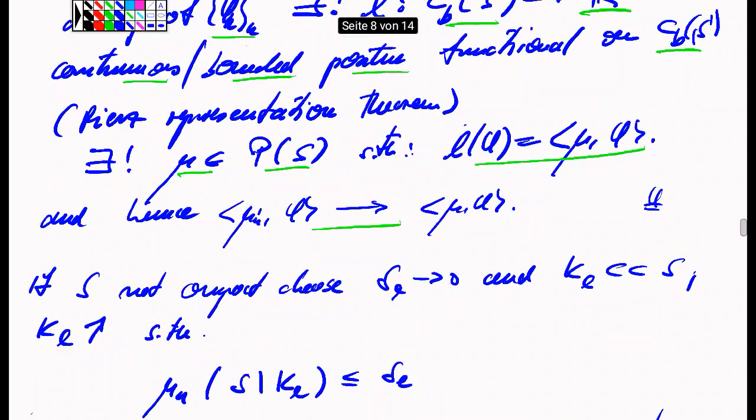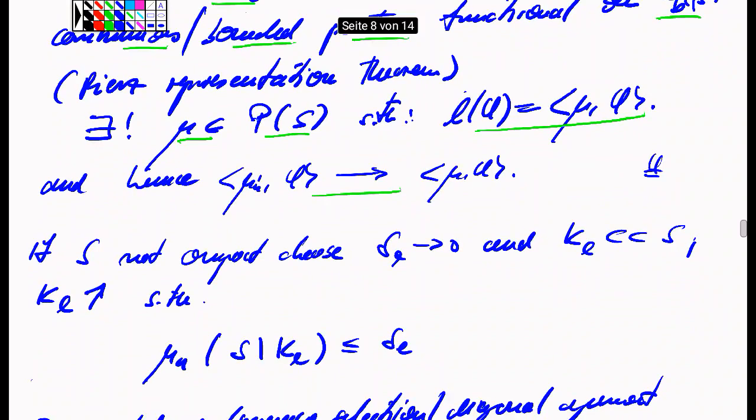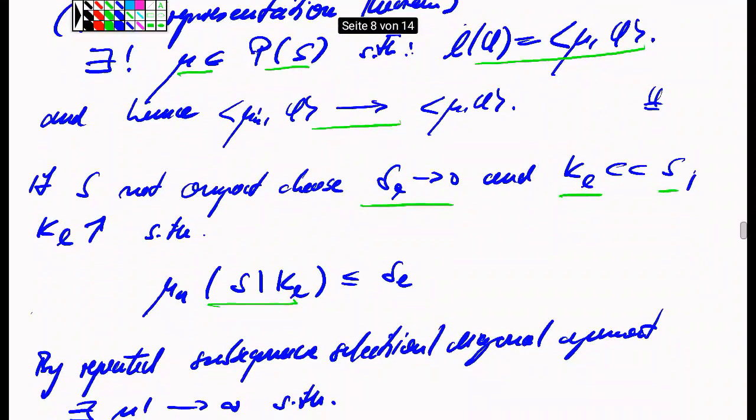Okay, if S is not a compact set, then we now will invoke the Prokhorov condition, which is our departing point, which tells us that for all positive tolerance values delta, we find a compact subset in S such that the measures give weight to this compact subset up to an error delta.